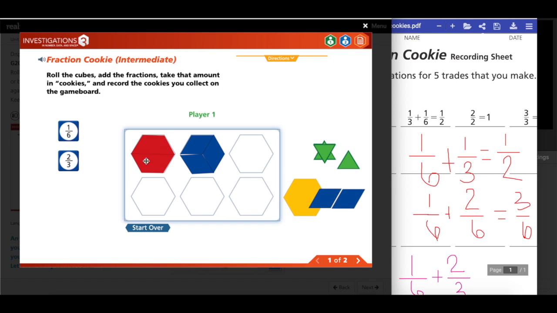What shape can I swap out now to get the least amount of shapes in my hexagon?